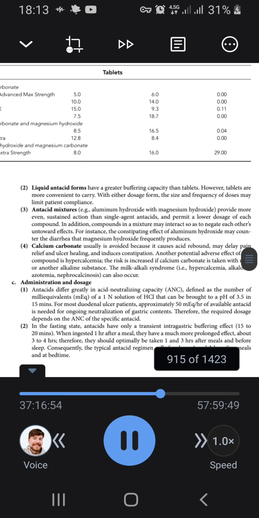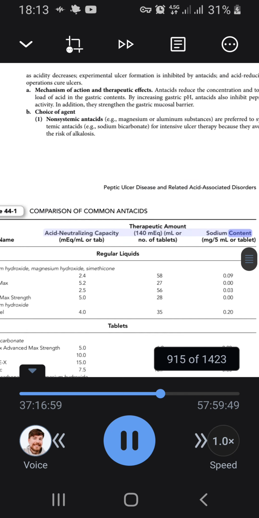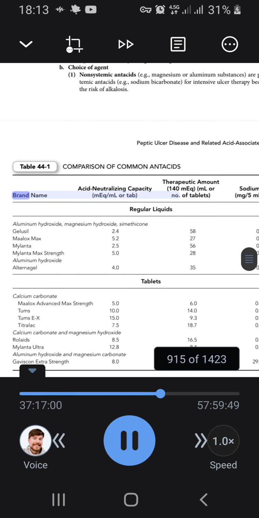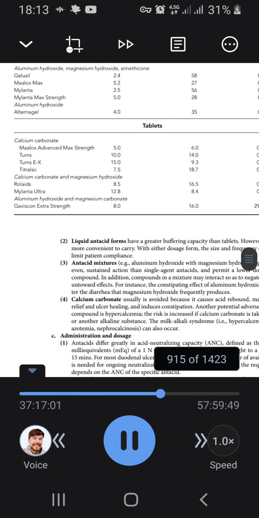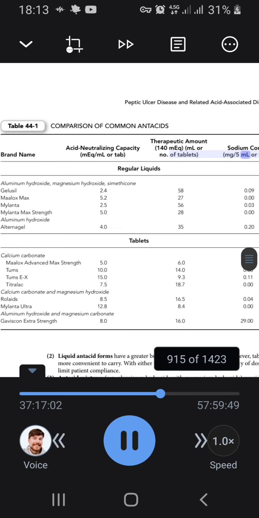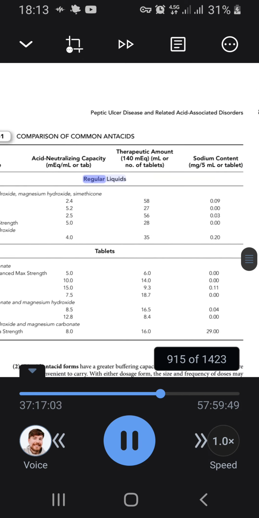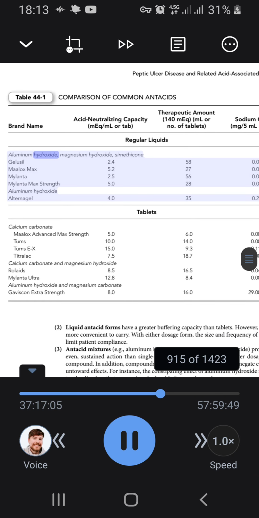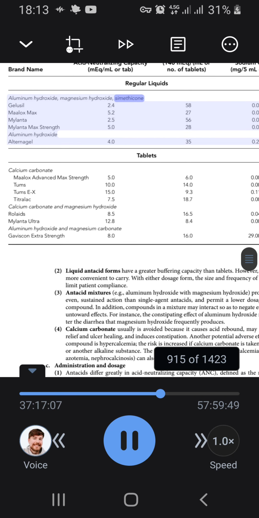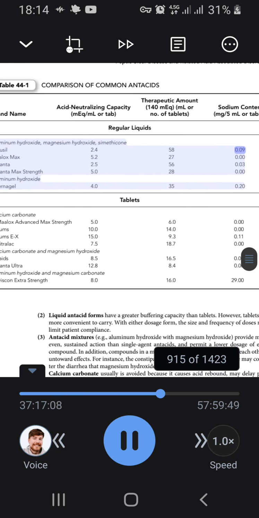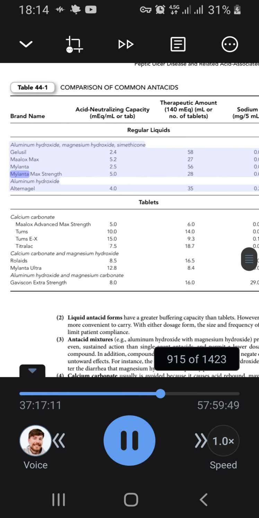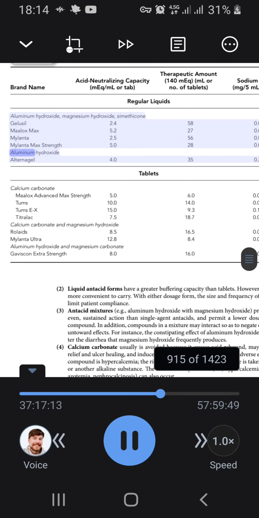Table 44-1. Comparison of common antacids. Therapeutic amount, acid neutralizing capacity, sodium content. Brand name, mEq/mL or tablet. Regular liquids: aluminum hydroxide, magnesium hydroxide, simethicone. Maalox Max Strength. Mylanta. Mylanta Max Strength.